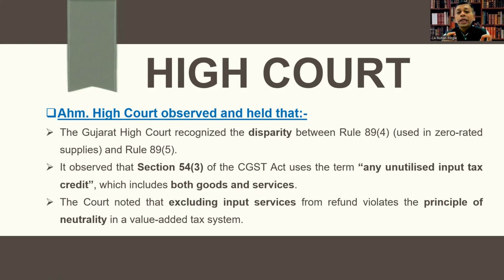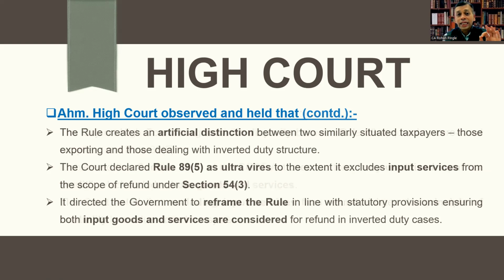The court noted that excluding input services from refund violates the principle of neutrality in a value-added tax system. The rule creates an artificial distinction between two similarly situated taxpayers, those exporting and those dealing with inverted duty structure.